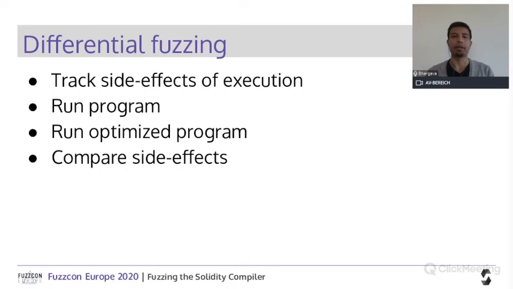And finally, we compare the side effects of the pair, the original unoptimized program and the optimized version of the same program. They have to be identical, otherwise it most likely means that there has been an optimization done that changes the semantics, and that's a bug in the optimizer, which we want to find as soon as possible.